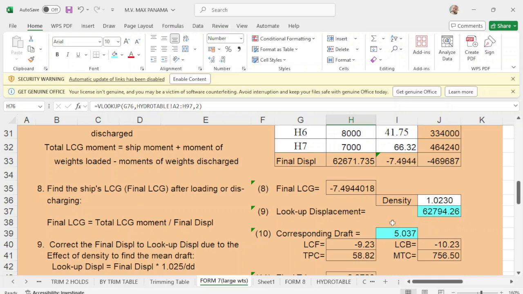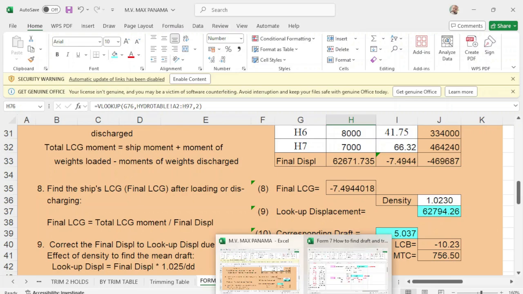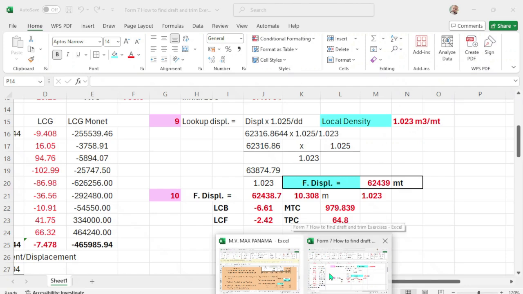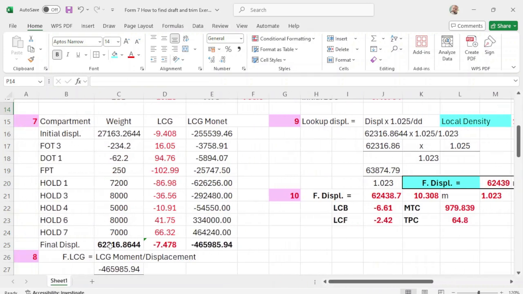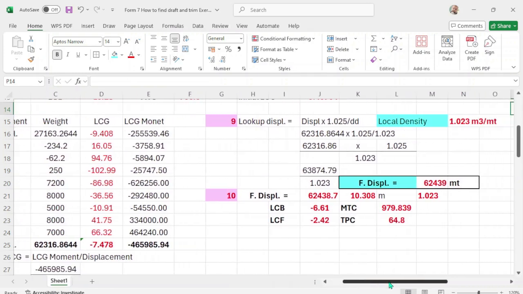This is what it meant here. So this is the formula for how to apply the density. Your final displacement of 23168.8644, which is this one, times the salt water density 1.025 over the local density of 1.023.